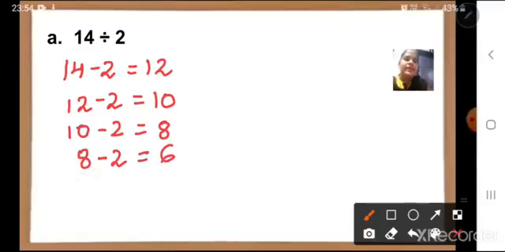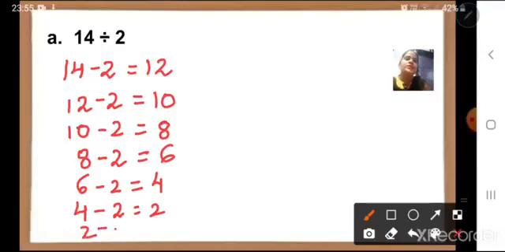Then 6 minus 2 is equal to 4. Correct, children? In the next line I have to write 4 minus 2 which is equal to 2. And then 2 minus 2 is equal to 0. Now we are going to stop because we got 0 here.